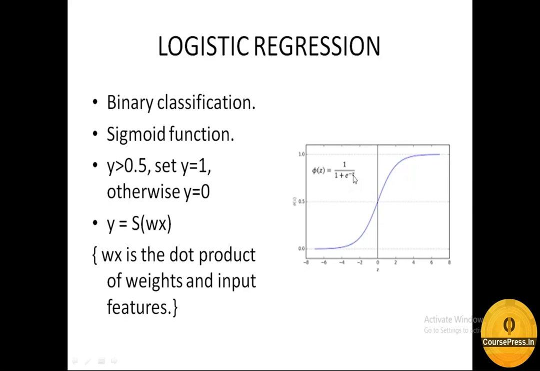The Z here stands for wx. Now what is wx? We were given y is equal to wx plus b in our regression problem, correct? Now what we do is, instead of b, we take y is equal to w1 x1 plus w naught x naught.